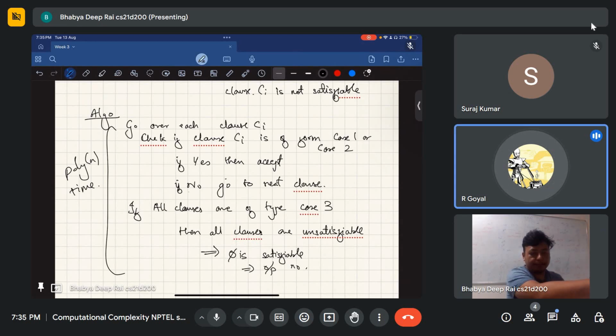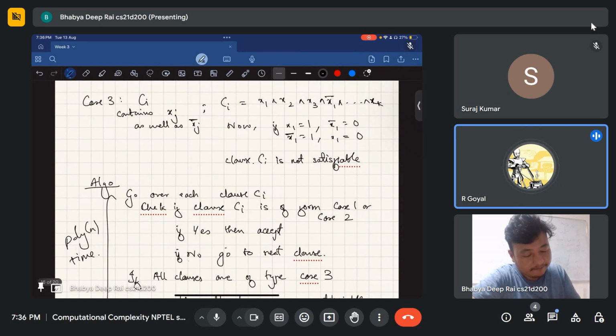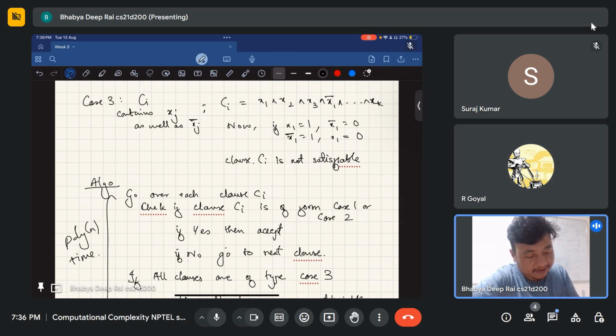So what about the effort required to determine that all the clauses are of the form case 3, that a boolean appears as its complement? Exactly. We only need to check whether one variable and its complement are there.